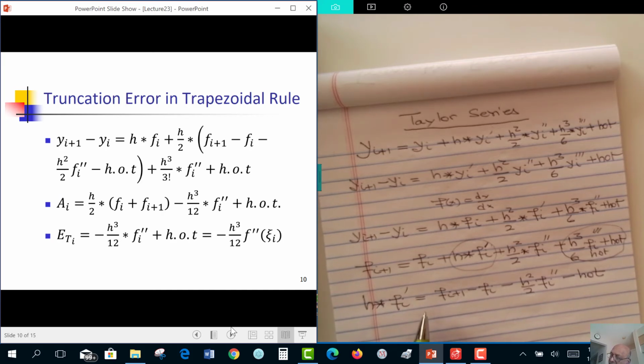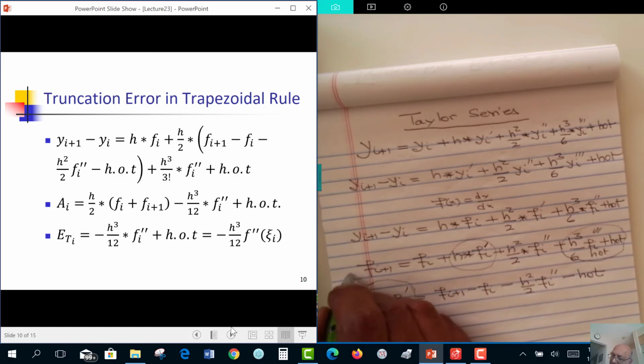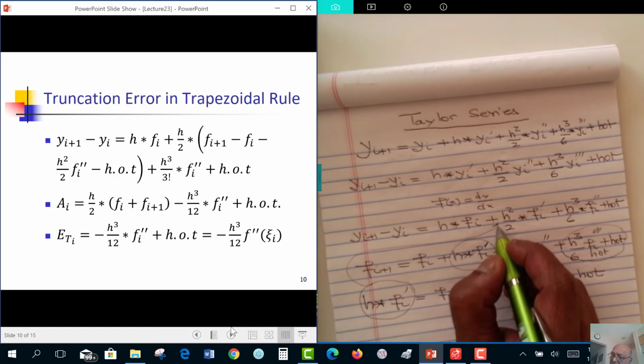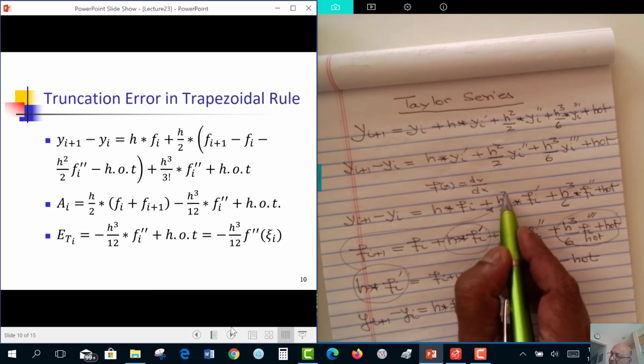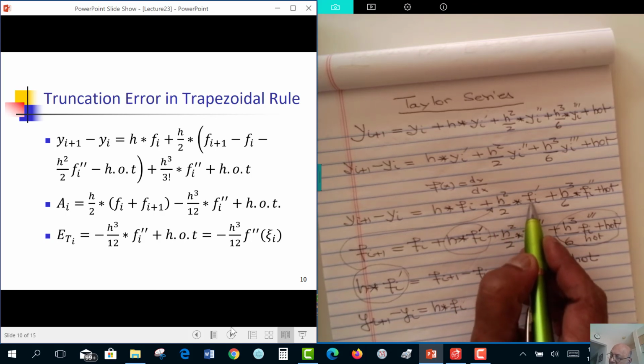Then what I'm going to do is I'm going to take this h times f prime and substitute this equation here. So what would we get? We'll get yi plus 1 minus yi is h times fi. And remember, this is h square over 2 fi prime.